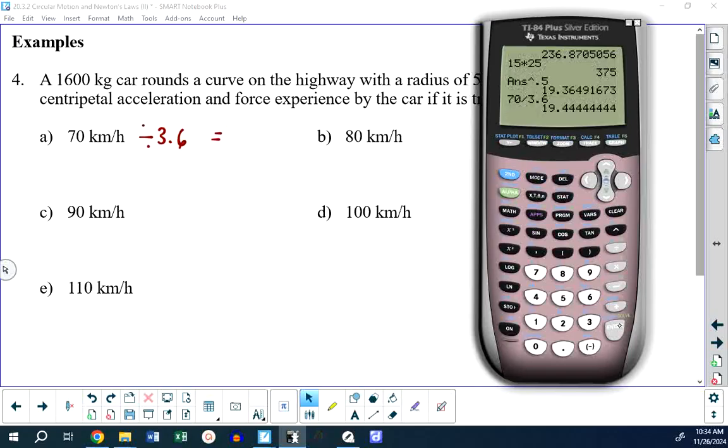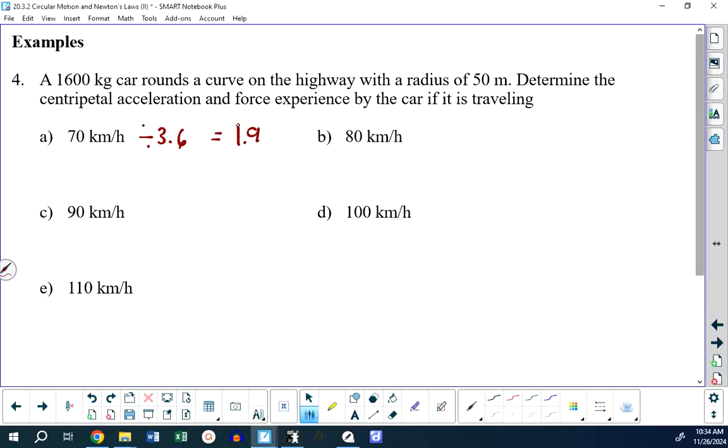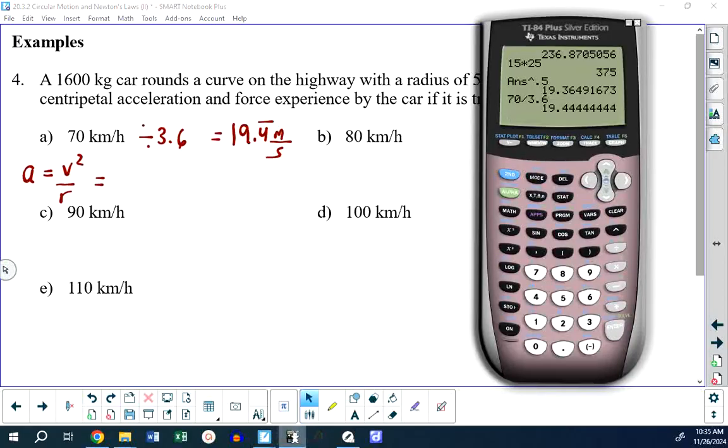Which is 19.4 repeating meters per second, and then we would use v squared over r. So I need to square that speed divided by the radius of 50 meters, and I get 7.6 meters per second squared.